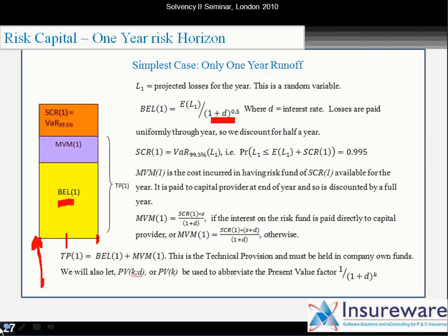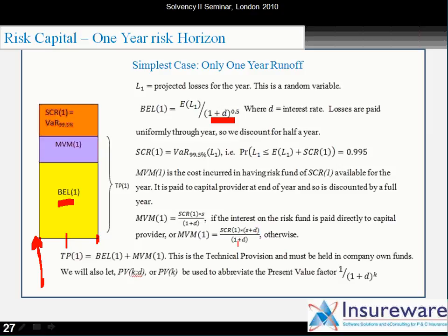What if instead, this really assumes that the risk-free rate you actually earn on the VAR, but the risk-free rate that you earn on the VAR, you've got to pay back to the capital providers anyway. Let's suppose that you don't earn the risk-free rate on the VAR. In other words, the extreme case, it's not invested at all, then MVM1 is SCR1 times S plus D on 1 plus D. So you also have to apply the risk-free rate D on the SCR1.